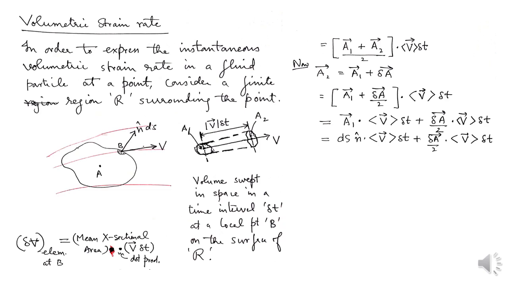Now suppose you are observing this over a small finite time interval, then you will see that this point B would move, and not only would point B translate in space, the area element surrounding that point B would sweep out a certain volume in space, as shown in the figure neighboring the material volume figure.